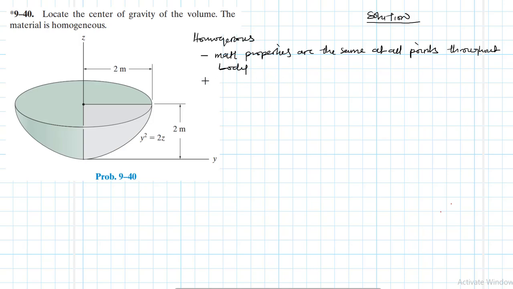So a material is said to be homogeneous when the material properties are the same at all points throughout the body of that particular object, right?